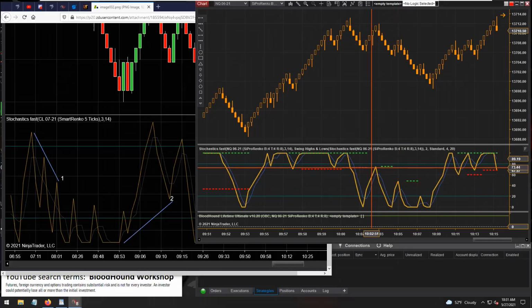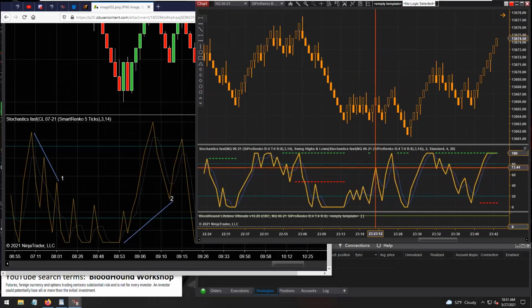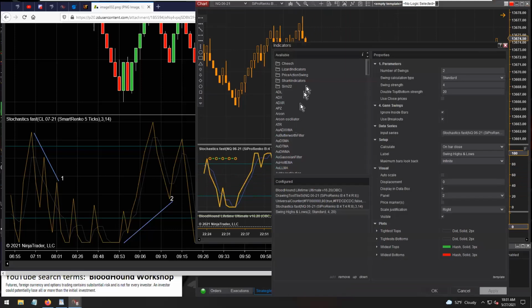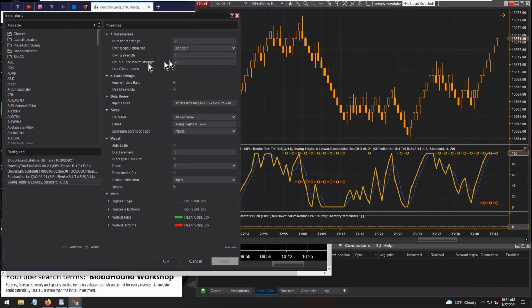They're a little wider and they're being detected, but these closer ones are not. I'll see if we can get those closer ones detected. I think that's just a matter of knocking down the swing strength. Yeah, there we go.